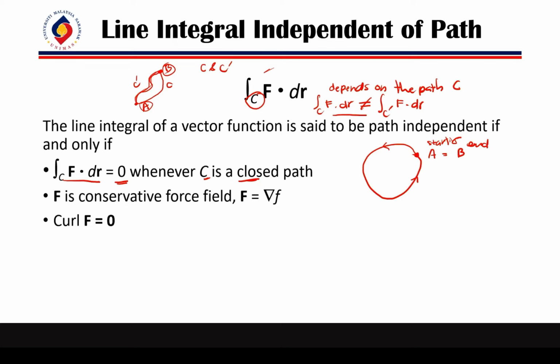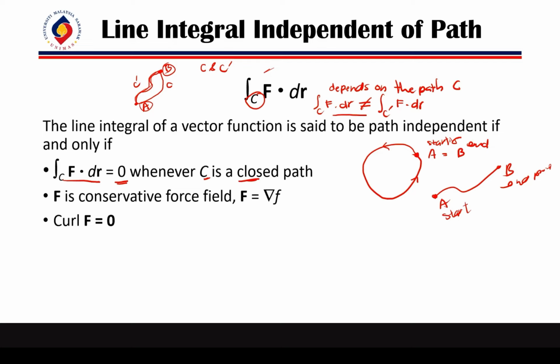It's different from this, because let's say we have 2 points here, point A and point B. These points are not the same, so this is not a closed path, and the line integral is not independent of the path.